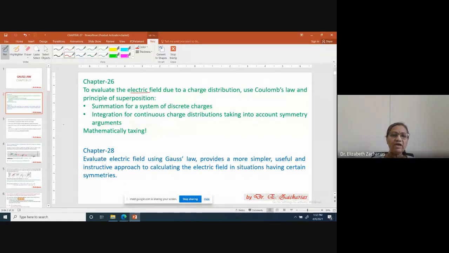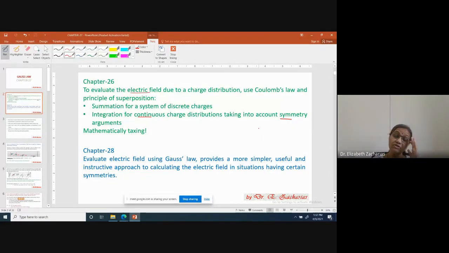And similarly, when we had continuous charge distributions, we took into account the symmetry. One component of the electric field might cancel out. For example, we talked about the line charge and the electric field due to the line charge on the perpendicular bisector at some distance y.